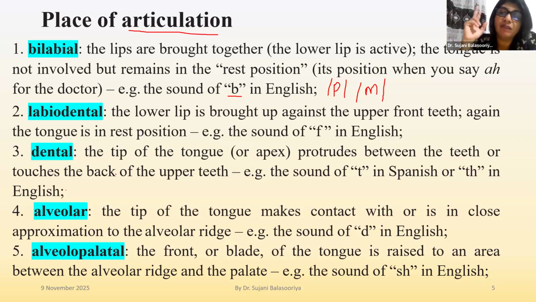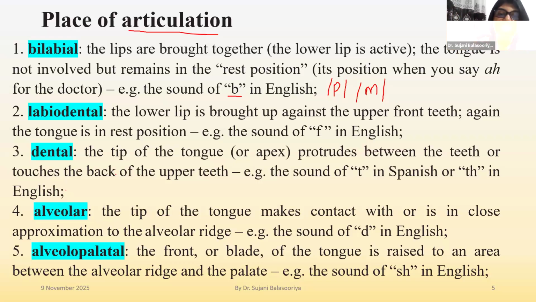But we have two lips and two sets of teeth: upper lip, lower lip, upper teeth, lower teeth. So you need to remember which lip and which teeth. Earlier I told you it is the lower lip which is active, and here too, in producing labiodental sounds, we use our lower lip. As for the teeth, we use the upper teeth, not the lower teeth.